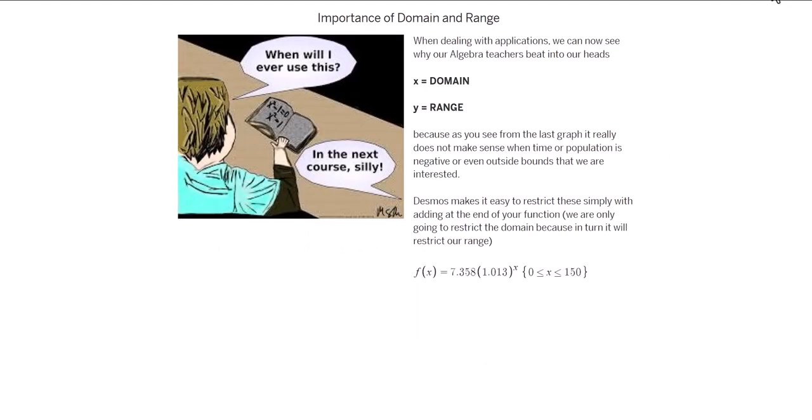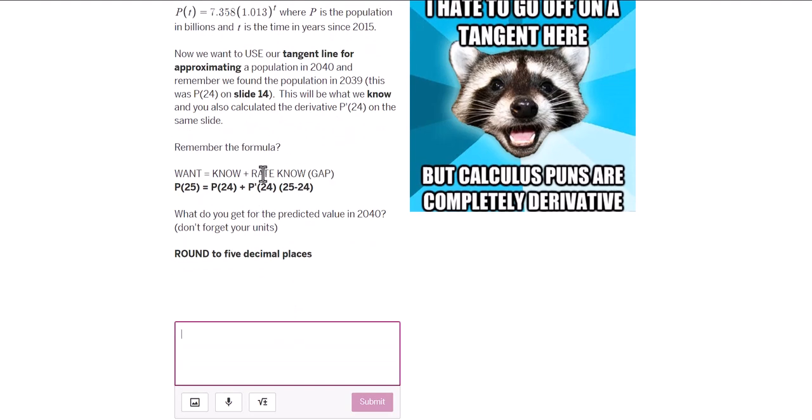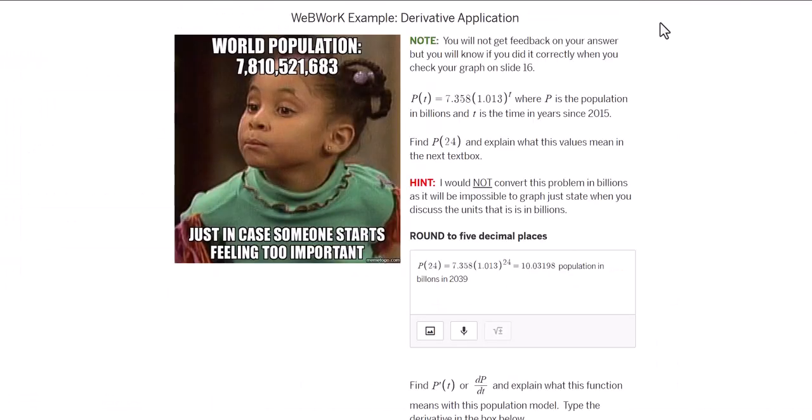And so now we're saying, well, how could we do P of 25? We want to take what we knew from P of 24. So let's go back here and grab some stuff. So here is P of 24.